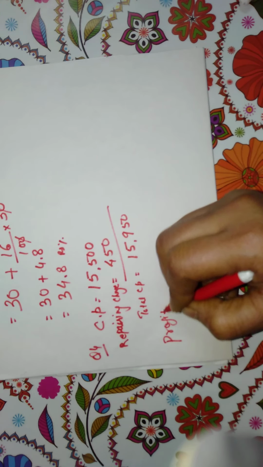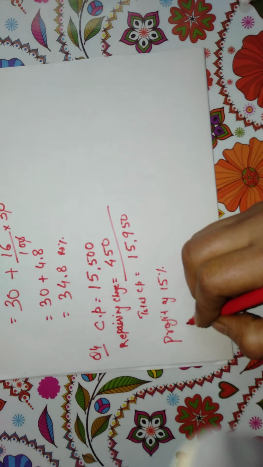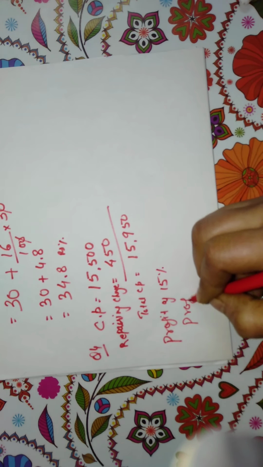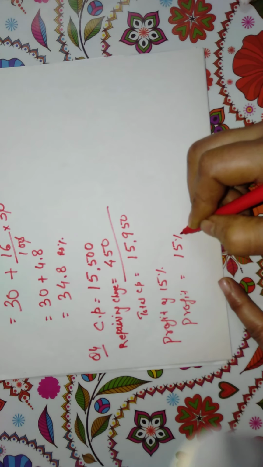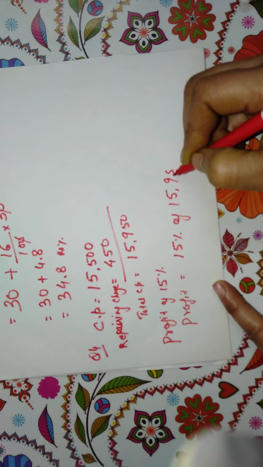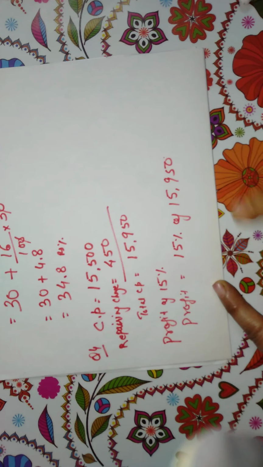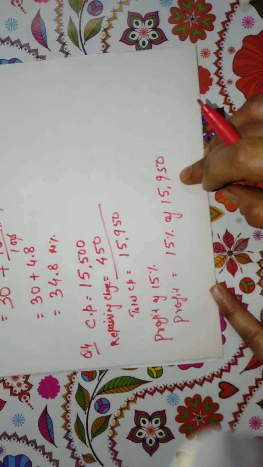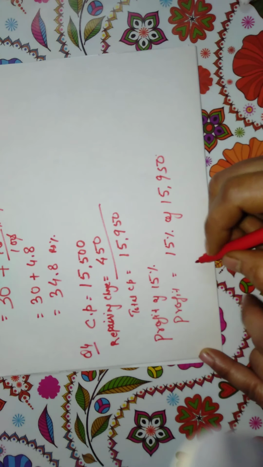Now the question says that it is sold at a profit of 15%. So let us calculate the profit. Profit is 15% of 15,950 rupees, as this is the actual CP with the repairing charge added.